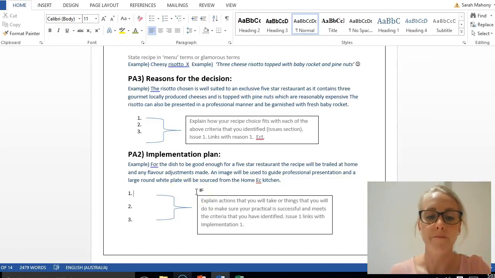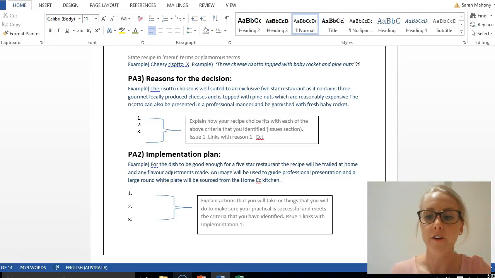For example, to ensure my dish is gluten-free, ingredient labels will be double-checked, cross-contamination with any glutinous products avoided, and a label will be made so the customers can see the item is gluten-free. All right, I've just made that up off the top of my head. I'm sure you can make up something much better. But basically, the practical things you're going to do in the kitchen or before you get to the kitchen to make sure you meet each criteria.